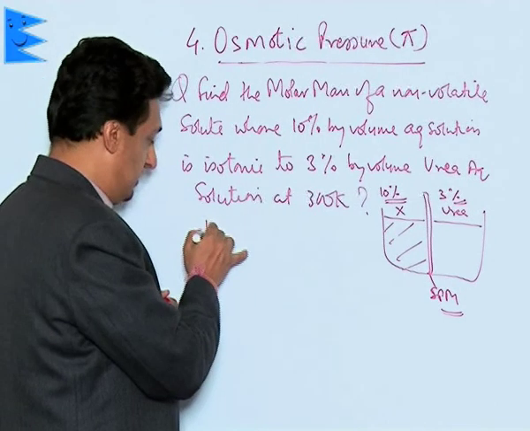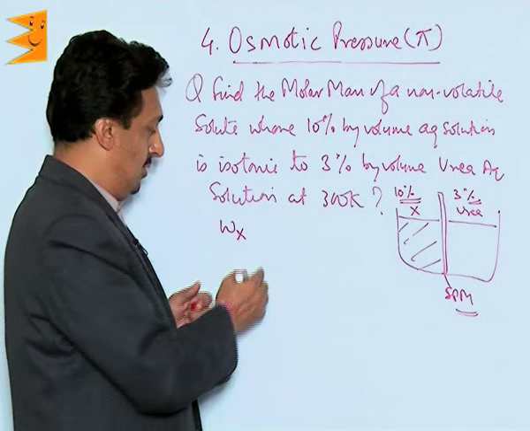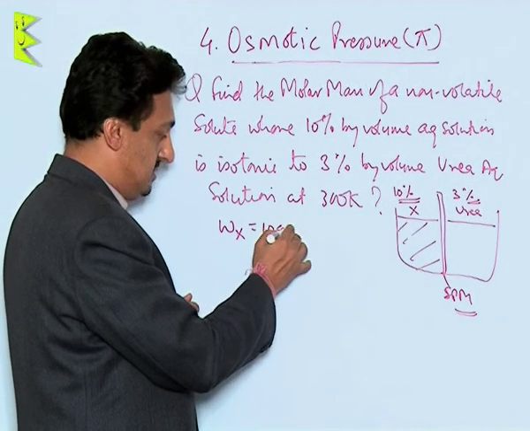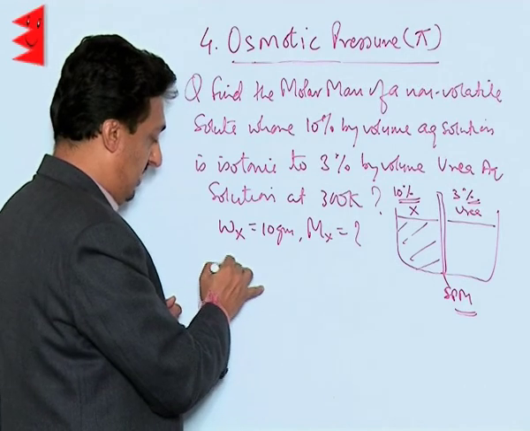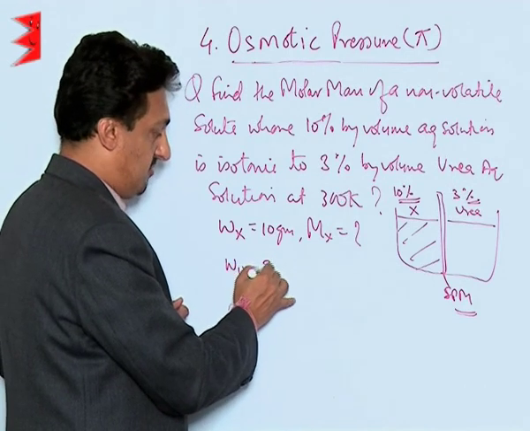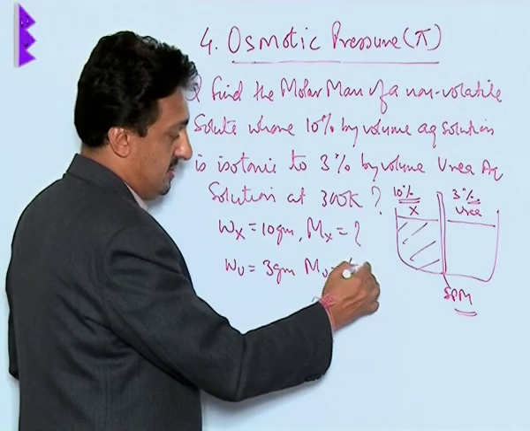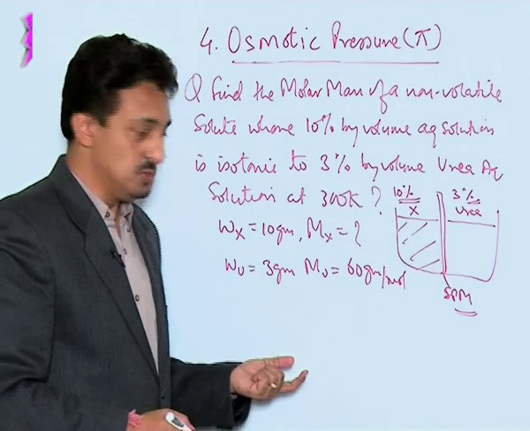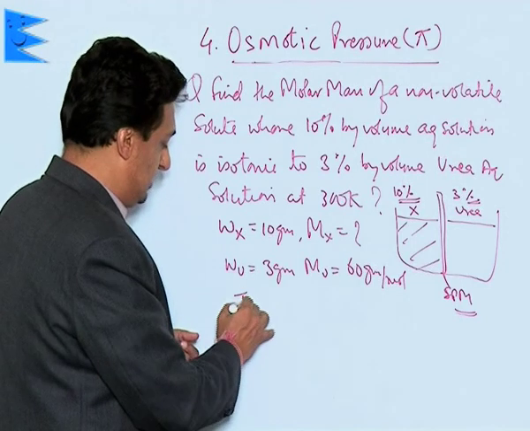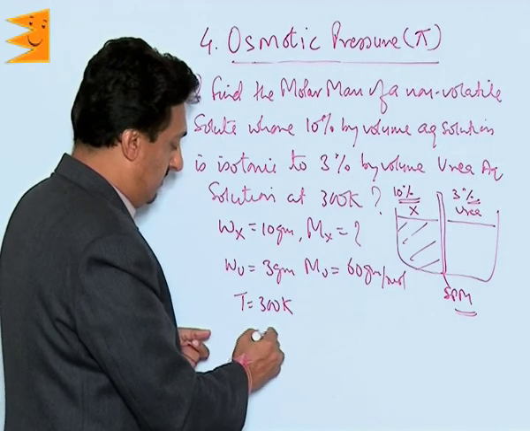So the weight of the unknown solute X is 10 grams, and its molar mass we have to find out. The weight of the urea is 3 grams, and the molar mass of urea, as we already know, is 60 grams per mole because it is NH2CONH2. The temperature is 300 Kelvin, the same for both sides.